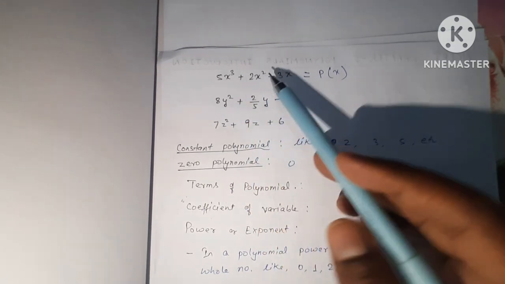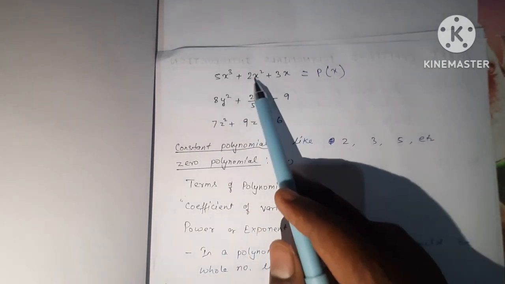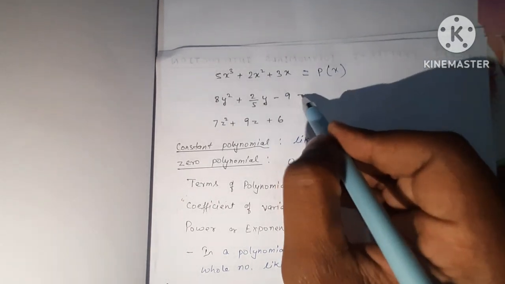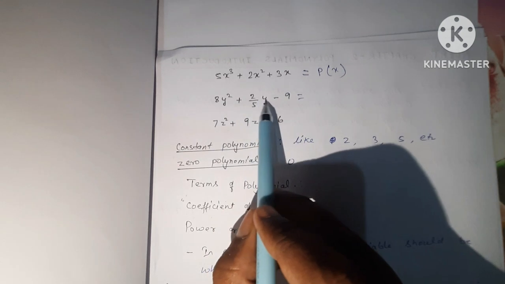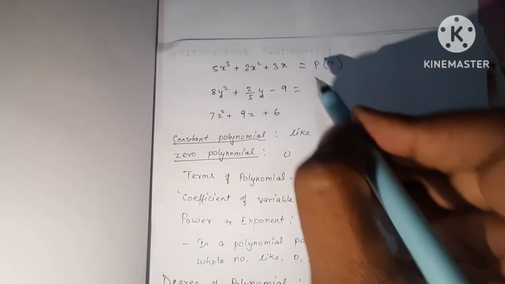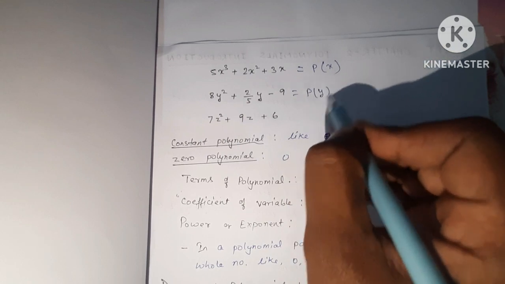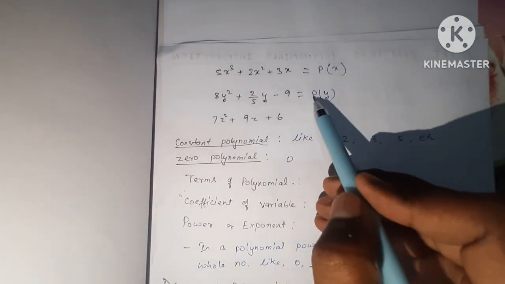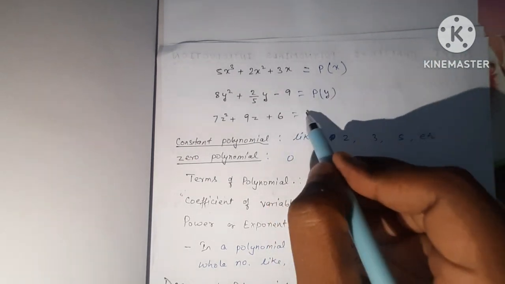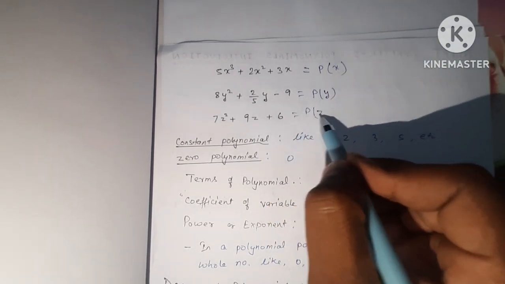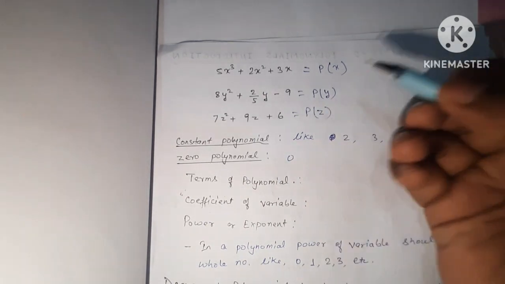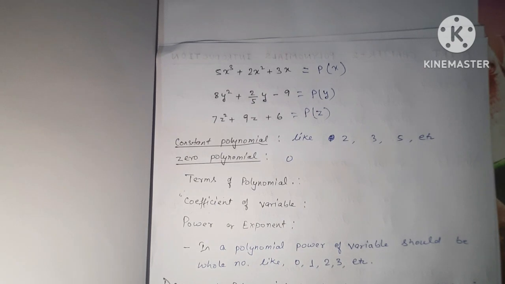We call it polynomial in one variable, and we write it p in bracket x. Similarly, here y is used in place of variable, so we write it p in bracket y, and we read as polynomial in terms of y. Now similarly here we write p z, polynomial in terms of z.